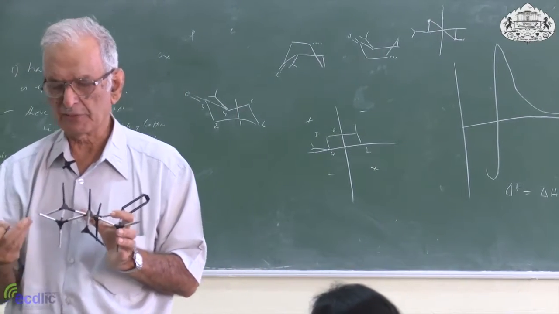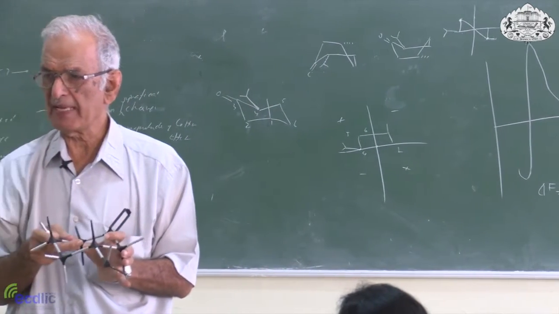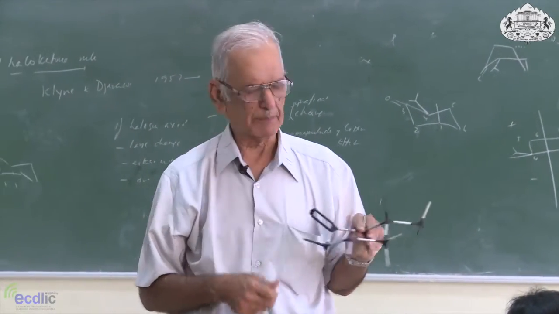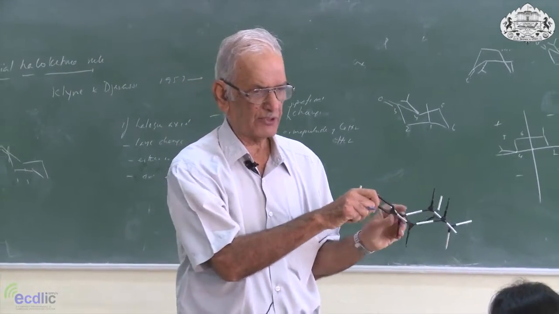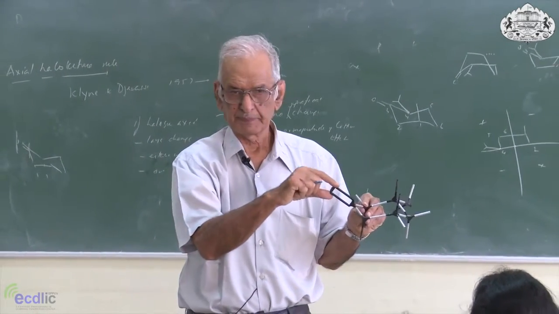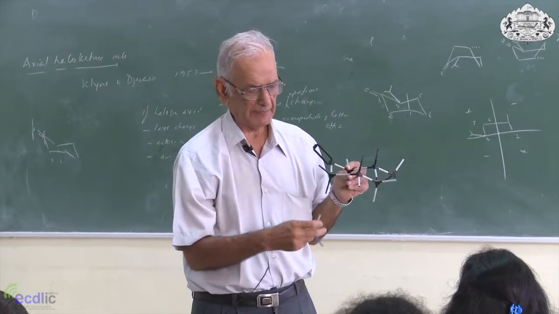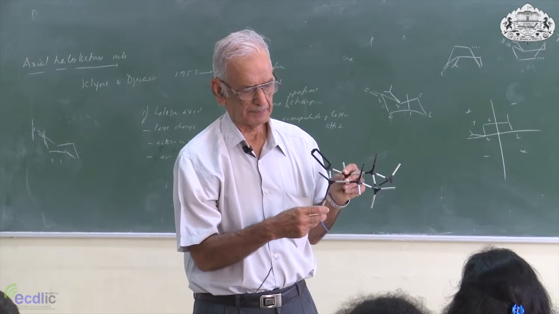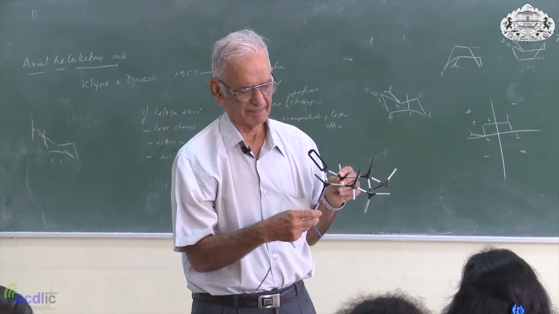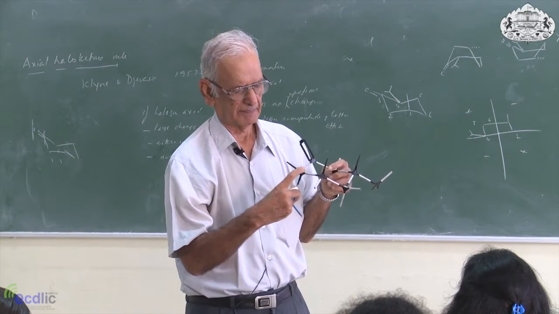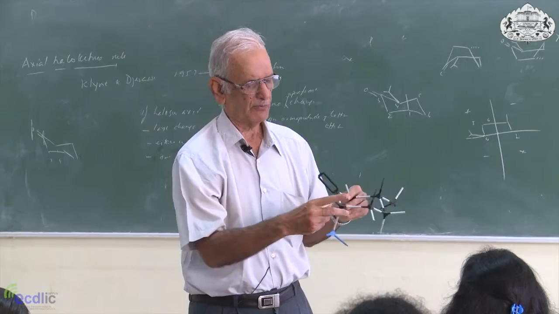Why did I take the Octant rule first? So I can explain this axial haloketone rule from this example. So that's your picture. If it's on the right, what will we see?